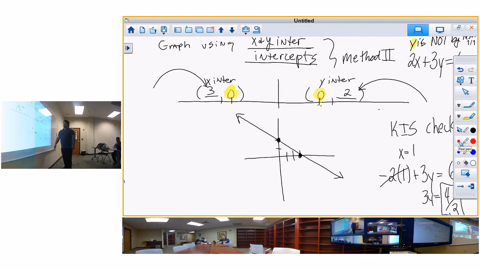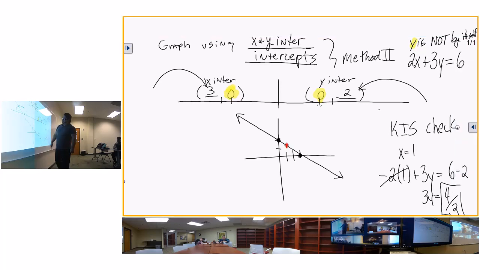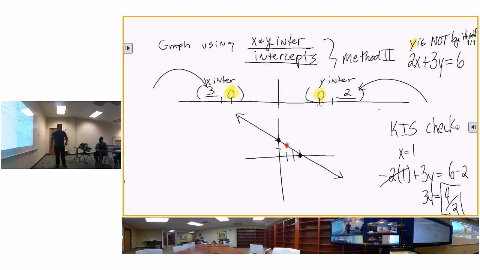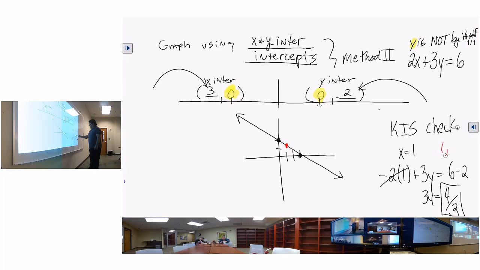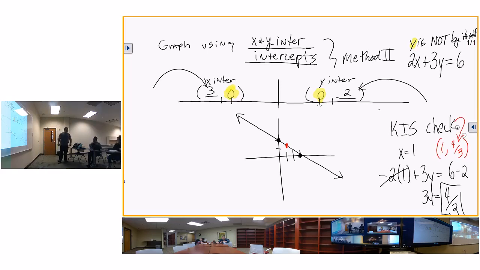So let's check. 1, 1 1/3. Do I hit the line at 1 1/3? Yes. So therefore you know that your line is correct. 1, 4/3 is your checkpoint. And that's how you do method 2.